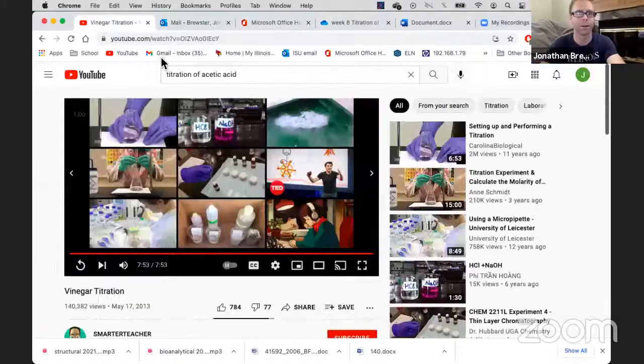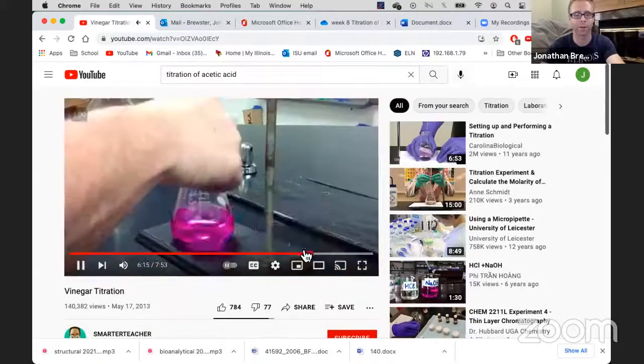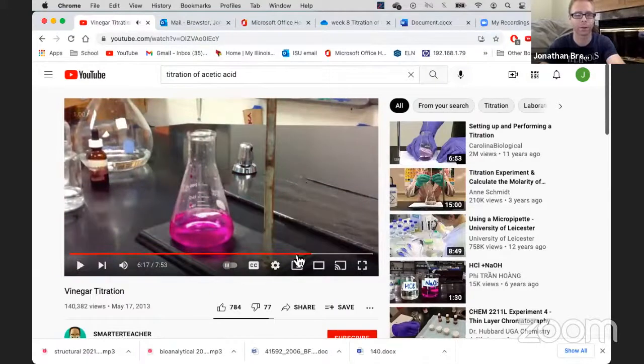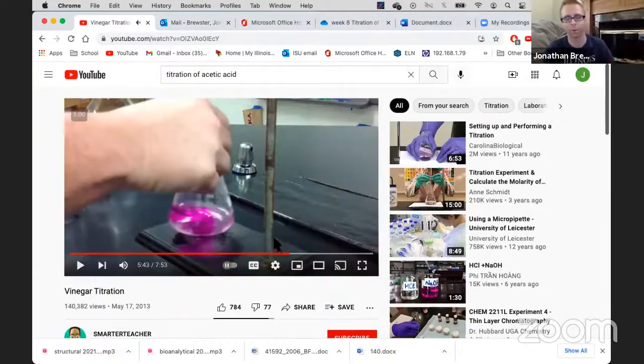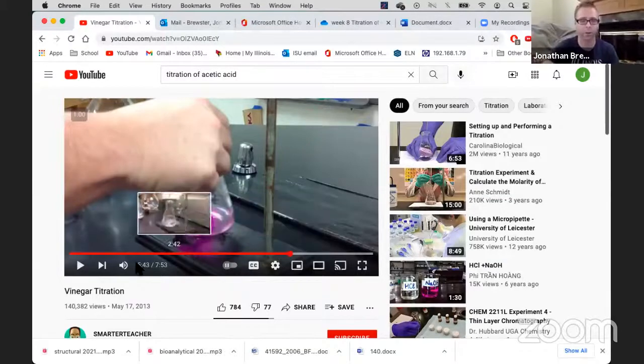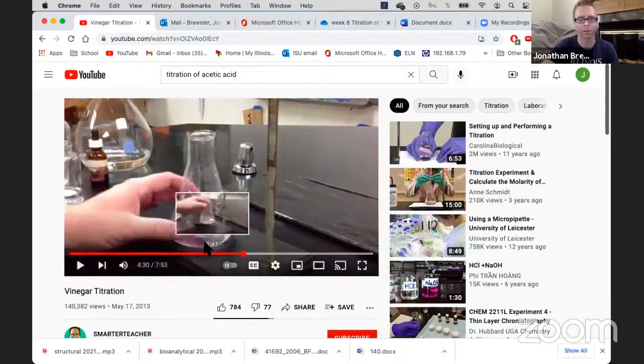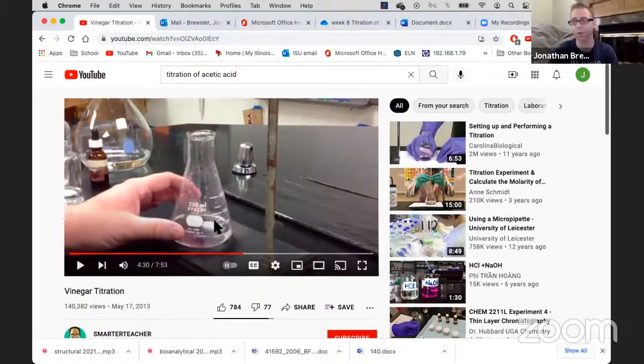So let's share screen. This is the video that I will be sharing. And this is essentially what it's going to look like at the endpoint. You'll be able to see this link and watch the whole video for yourself. You can see it starts off as a colorless liquid, and phenolphthalein is the indicator.